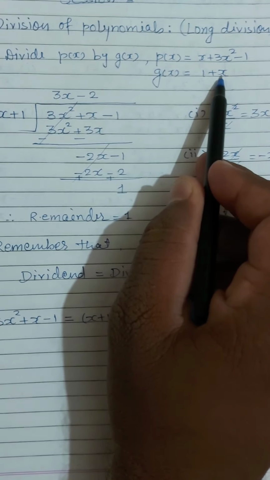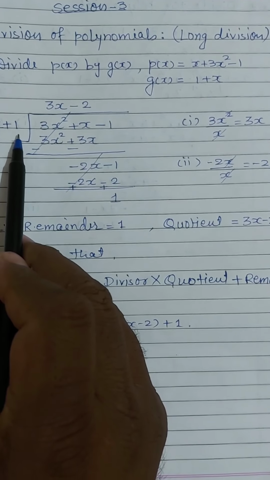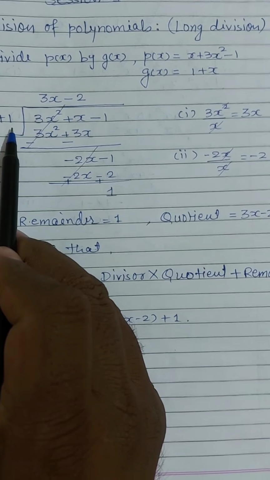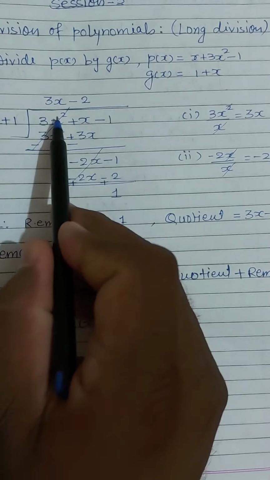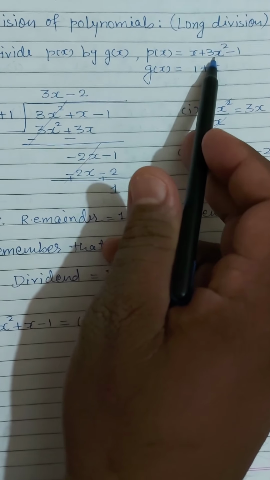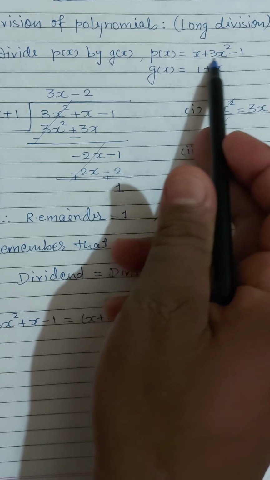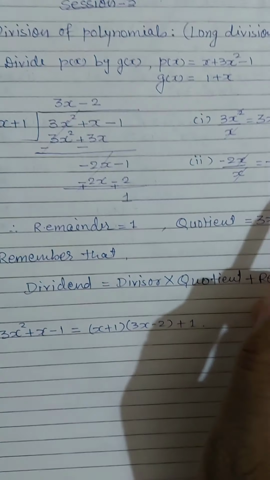Now we have to see how this long division method works. Here are some steps you have to keep in mind. First of all, 3x square plus x minus 1. This is the decreasing order of the terms of the polynomial.